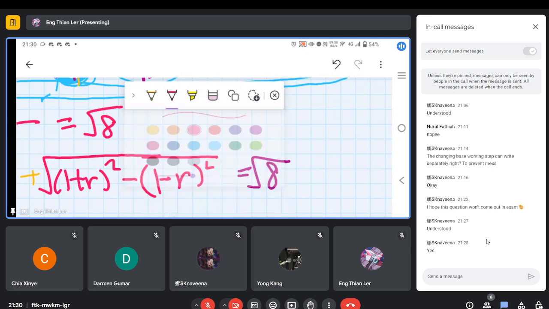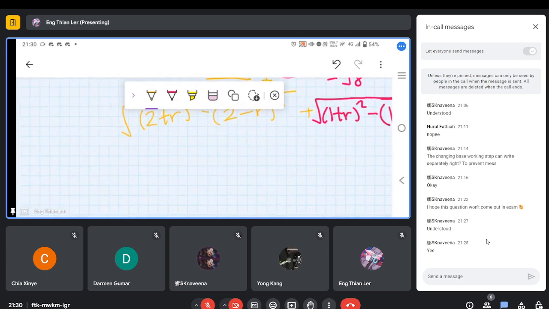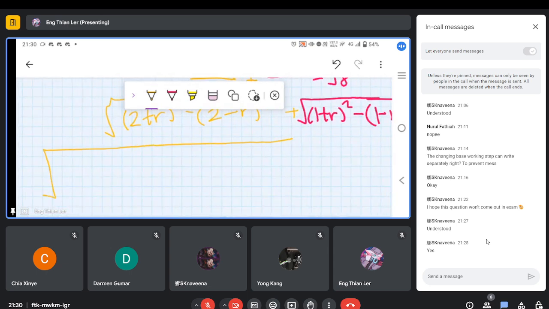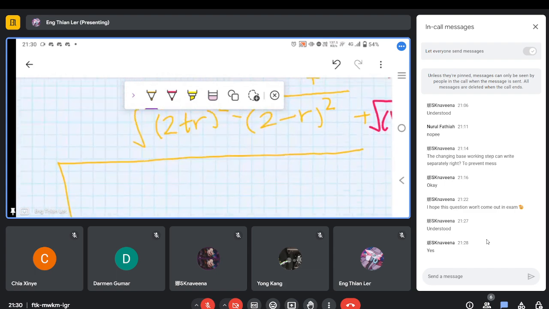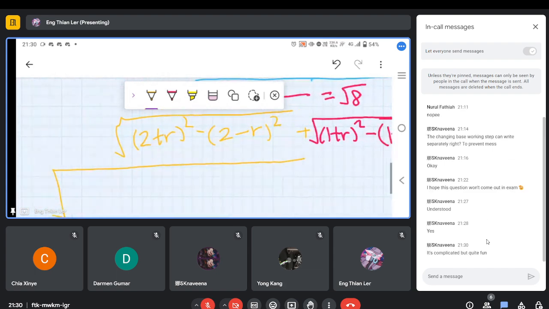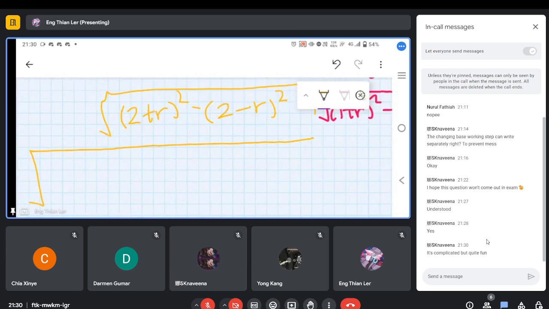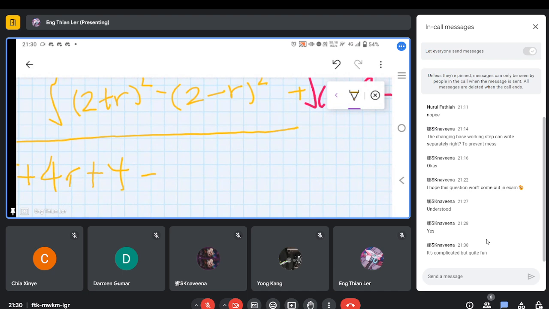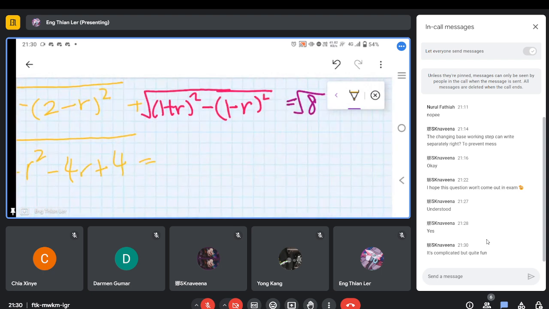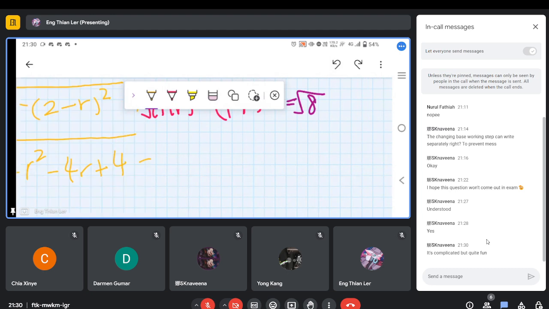Okay, so let me expand this myself. Very long bracket. So r square plus 2r square plus 4r plus 4 minus r square minus 4r plus 4, not equal lah, plus. Okay.